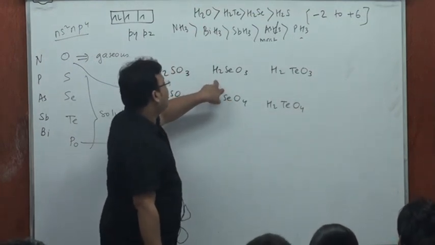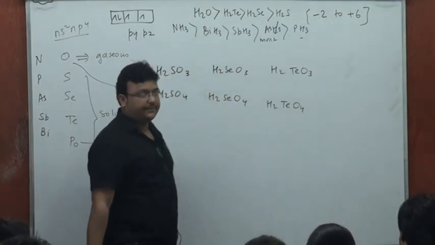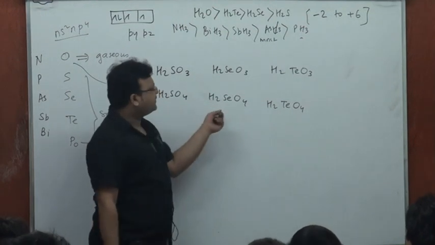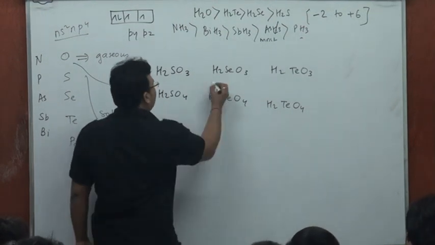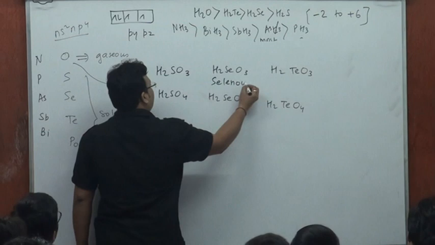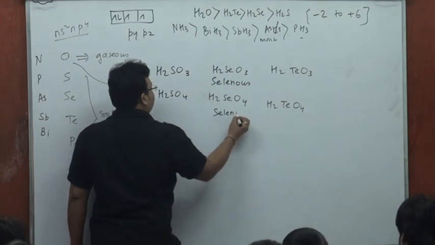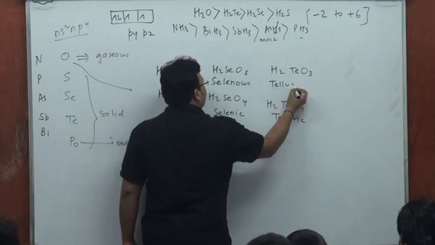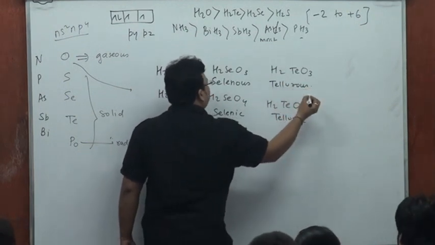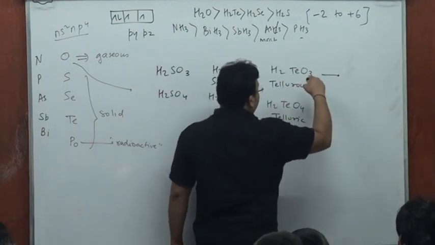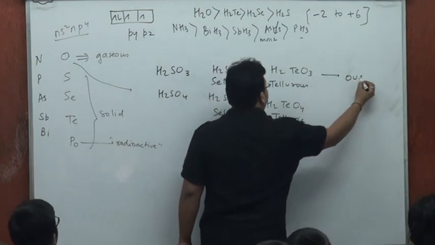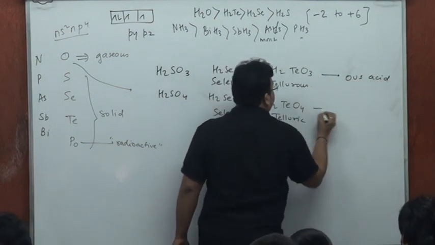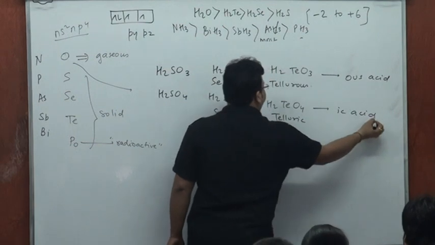Similarly, sulfuric, selenic, and telluric, as expected. The lower oxidation state oxyacid is called the ous acid, and this is going to be the ic acid.